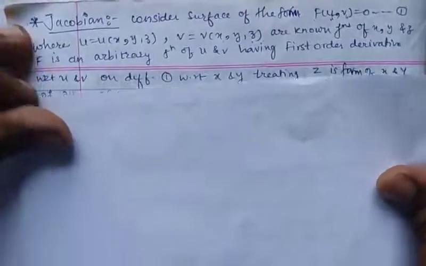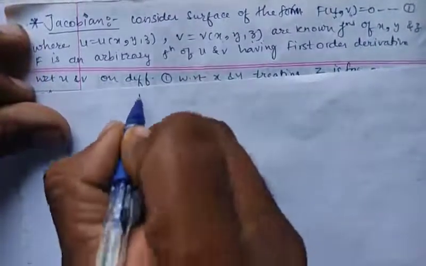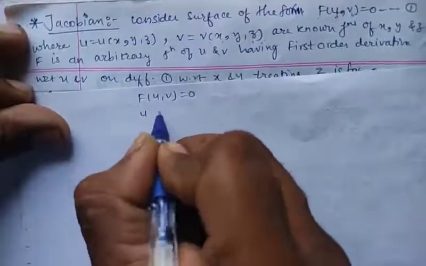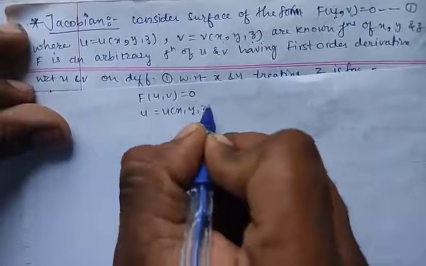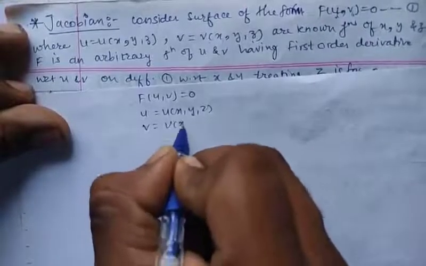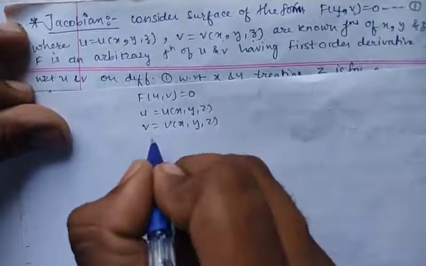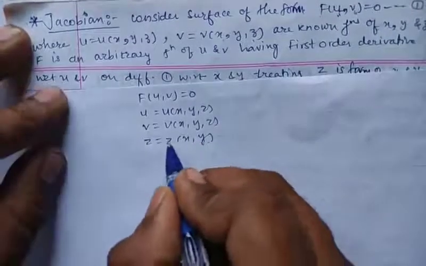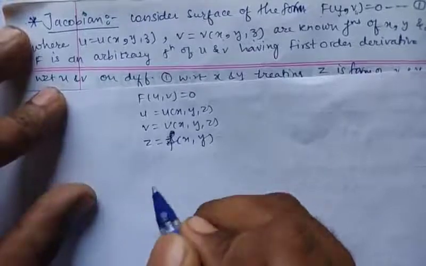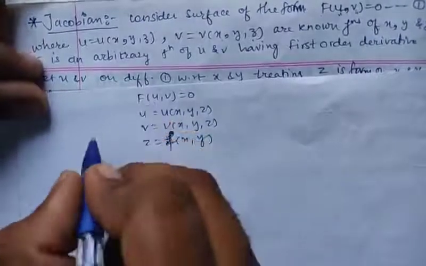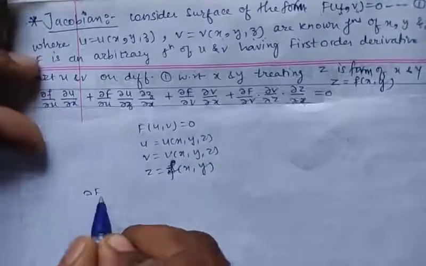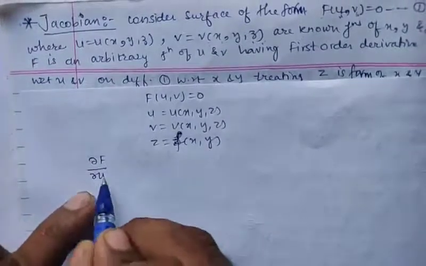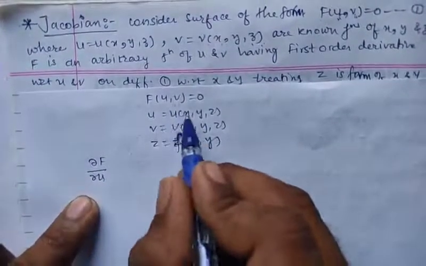Here we are given f is a function of u, v, and u is a function of x, y, z, v is a function of x, y, z, and again z is a function of x and y. Okay, I will take small f. Now taking the derivative, so del f by del u and u is a function of x.